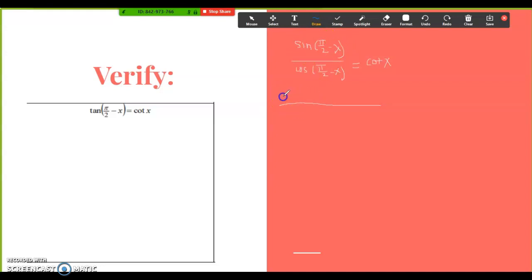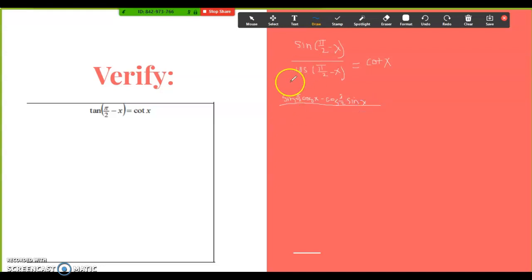This would be sine of pi over 2 times the cosine of x, minus the cosine of pi over 2 times the sine of x. Remember, sine switches.